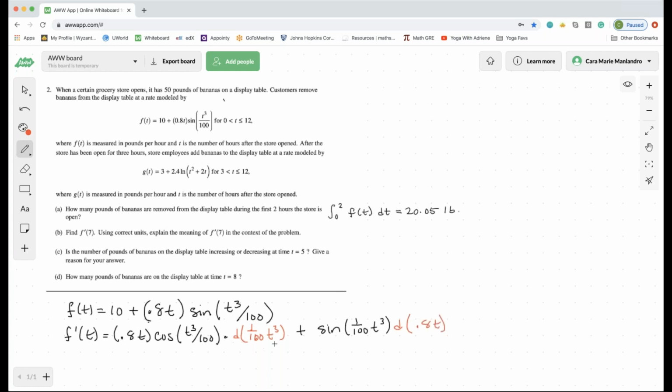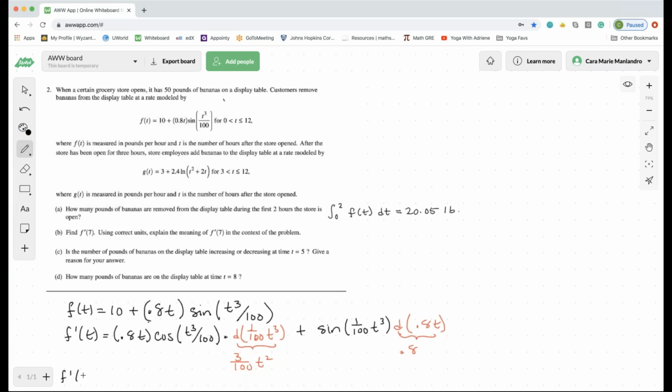Now I'm going to go back and actually take the derivatives. This thing becomes 3/100 t squared, and then the derivative of this thing is 0.8. Everybody okay?